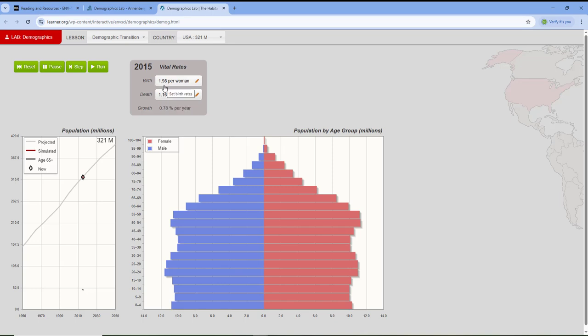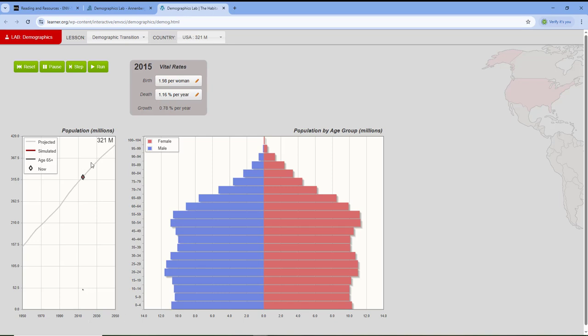So if the average woman has approximately 2 children and the average death rate is 1.16% per year, so overall growth is 0.78, we can see what happens to this age structure over time. You can see here what this growth looks like.